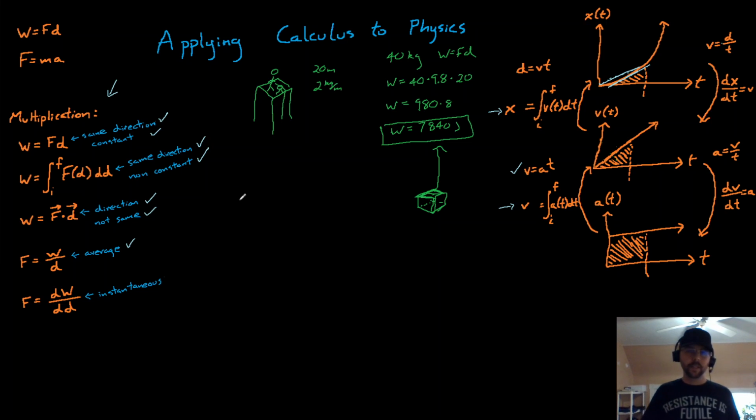And if we want to set this up graphically, there's probably easier ways to do this initially, but I really like this way because it's going to relate to what I started with, these graphs over here. So we're going to set this up as a force versus displacement graph. Initially we want to imagine that we're pulling up 0 kilograms times 9.8 meters per second squared. That's our force, 0 newtons.